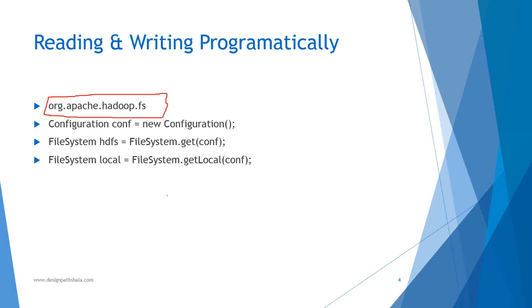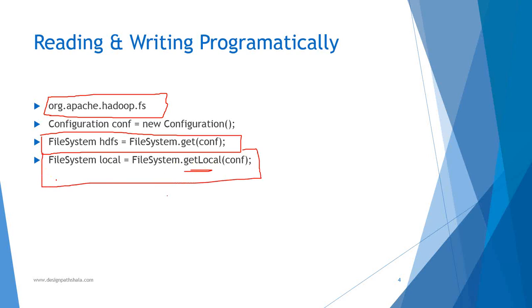You can look into them in detail later on. What I'm doing over here is creating a file system object and giving the configuration to this, and I'm creating an HDFS file system object. When I have to create a local file system object, I just say FileSystem.getLocal. So these are two objects which I have created. One is a local file system object, and one is the Hadoop based file system object.